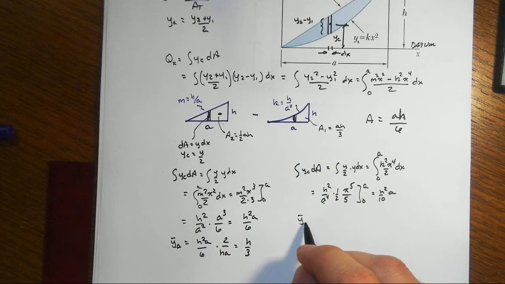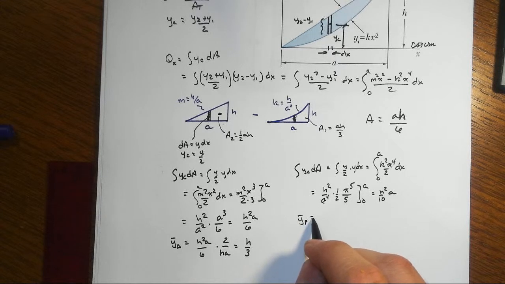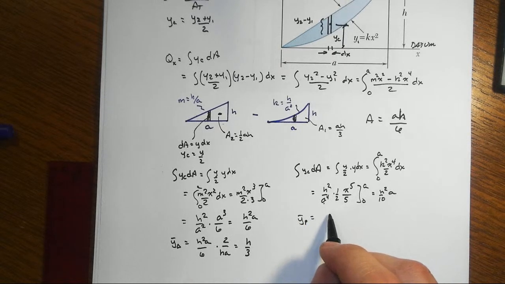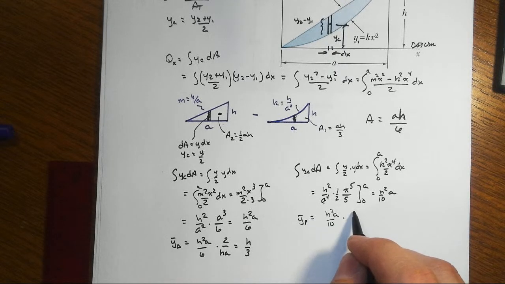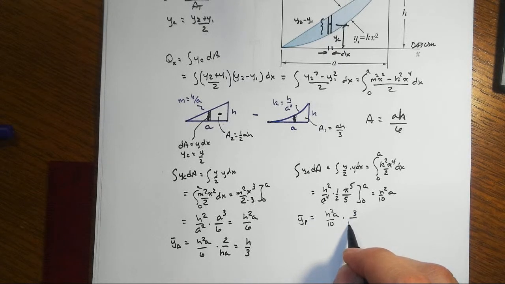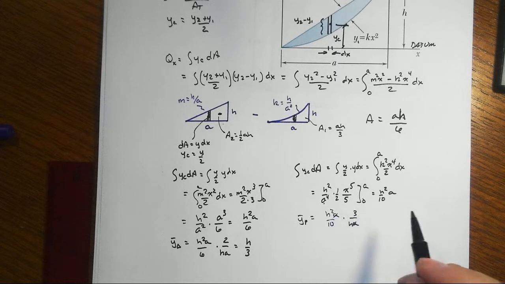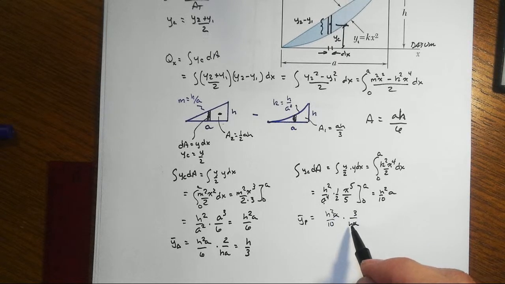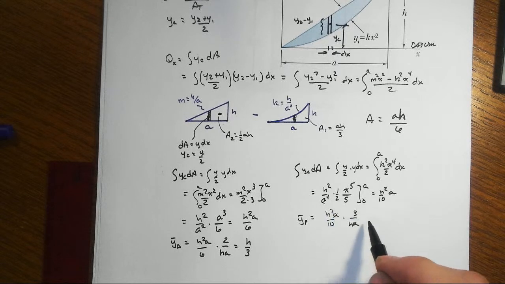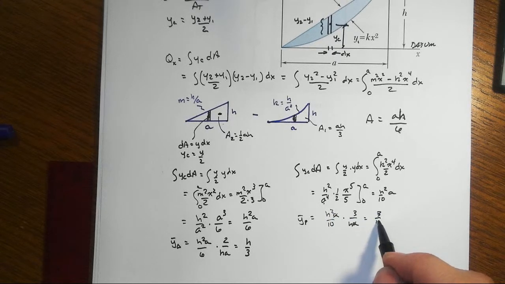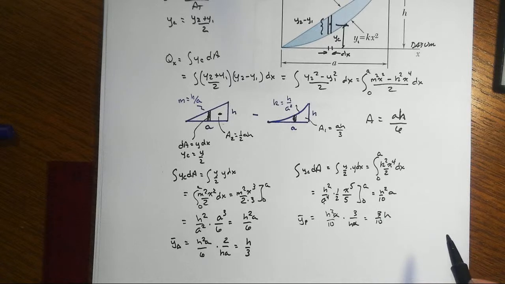So the y bar for the parabola is going to be the first moment divided by the area, which was 1/3 of the base times the height. And so we get an a here, and the h goes away, and we get 3/10 of h for that height.